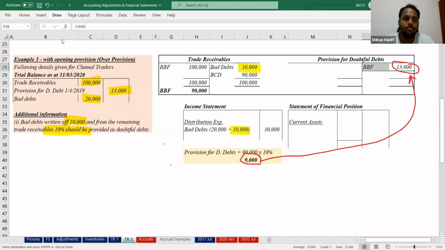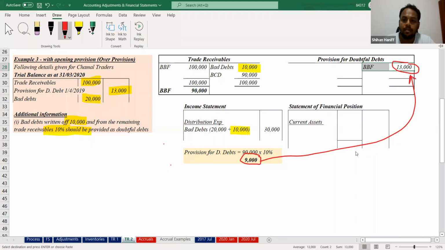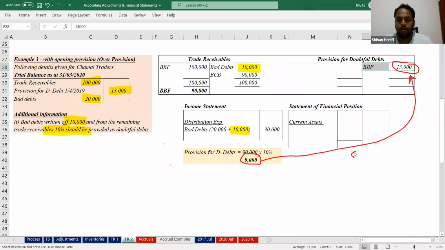The difference in these two. Provided 4,000 more. Provision means we have made an expense. We have made an expense of 13,000 last year, but the amount should be 9,000. So the previous year's expense should be reduced.